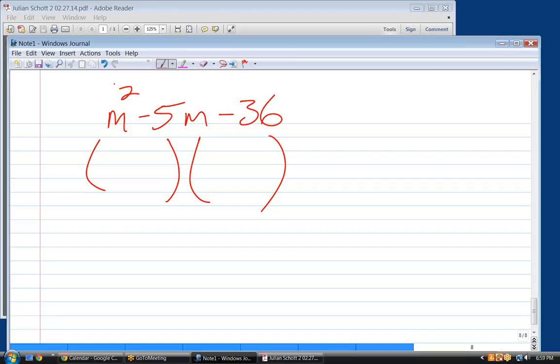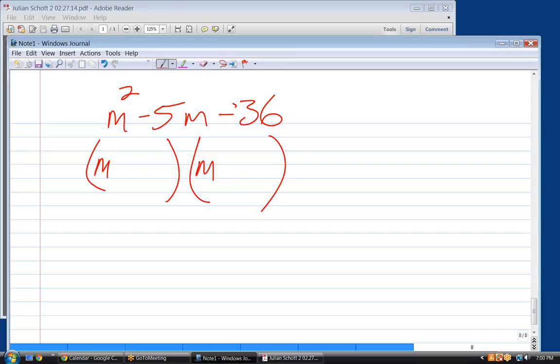Step 1 is to examine the m squared. That has to be m and m. Can't be anything else. Because I know when I FOIL these two things together, I'm going to produce an m squared, if there's an m there and an m there. The next thing to decide is what my signs are going to be. How do I decide that? I look at the sign in front of the number.